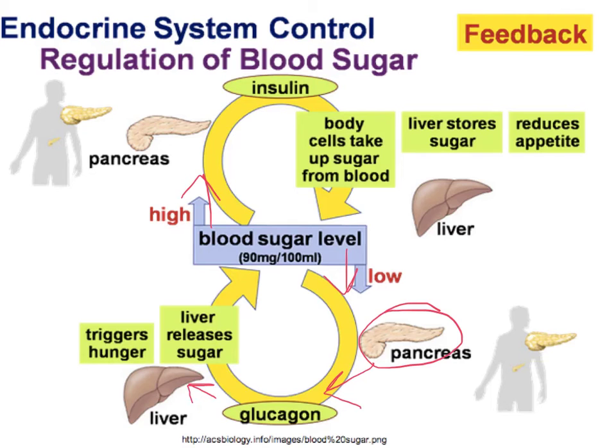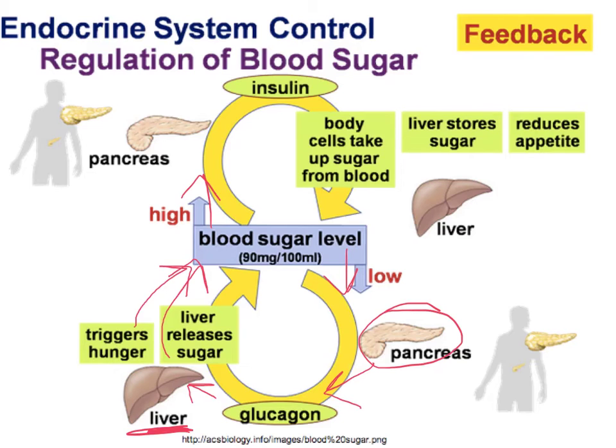One effector is the liver, which will then release stored sugar into the blood, raising the blood sugar level. It'll also trigger hunger, which will hopefully get us to grab a meal, which will increase our blood sugar levels.